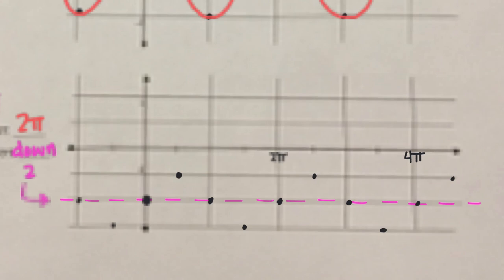And then we do our best to make our graph smooth and curvy. Okay, with a smaller amplitude, it's easier to graph a smooth and curvy sinusoid.